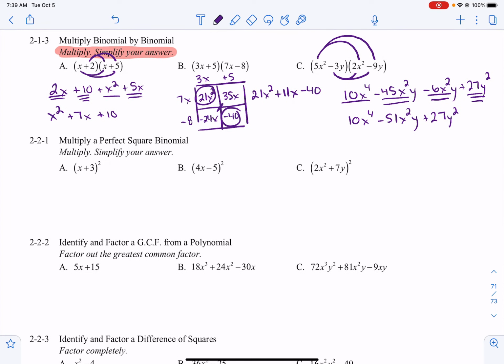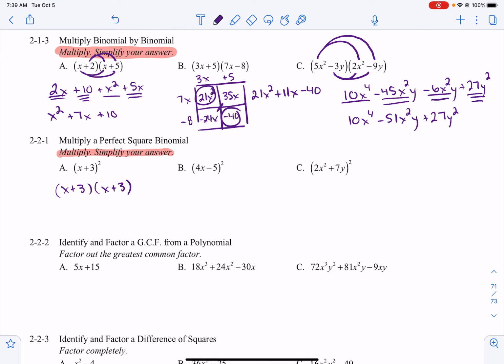Next section, the instructions say to multiply, and that's it. When I look at x plus 3 squared, I don't initially see anything being multiplied, but remember x plus 3 squared means x plus 3 multiplied by another x plus 3.